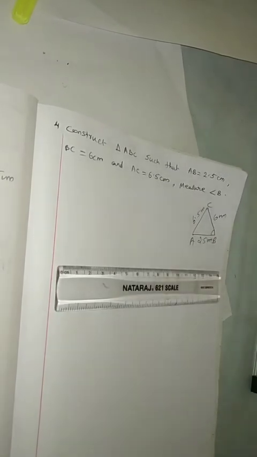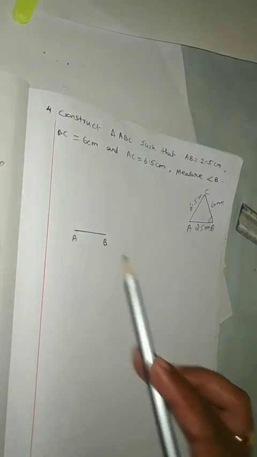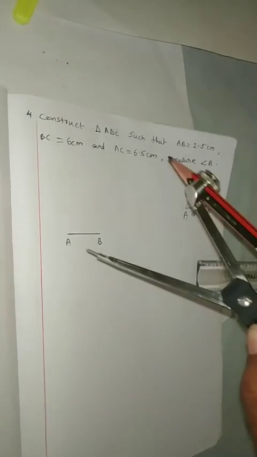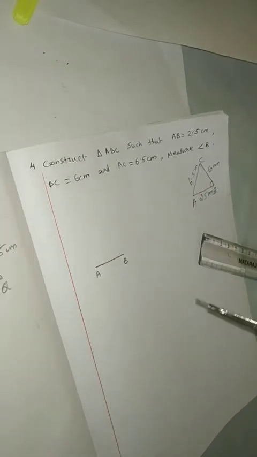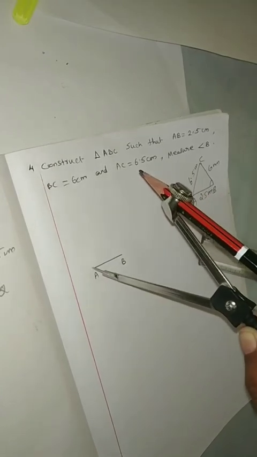Now we can use our instruments, that is scale, pencil, compass and so on. Now first we draw a 2.5 cm line segment. Okay, 2.5 cm. Now we take the compass distance as 6.5 cm. Then with A as center, with a 6.5 centimeter radius, we draw one arc.